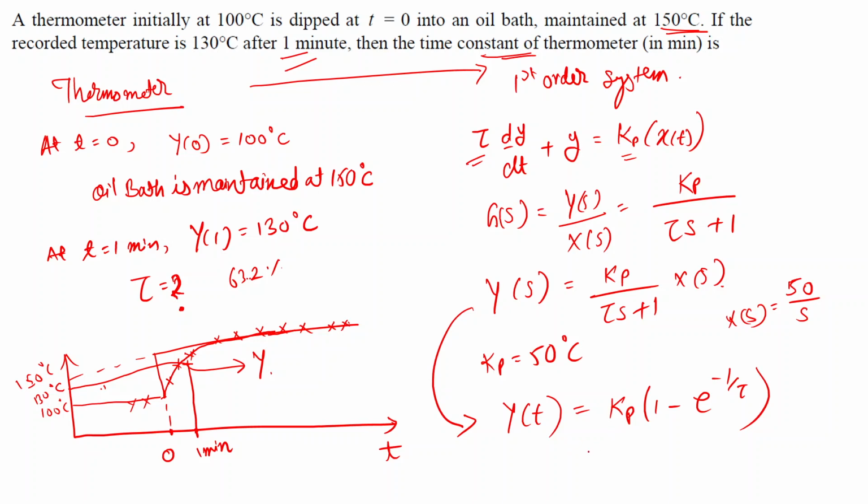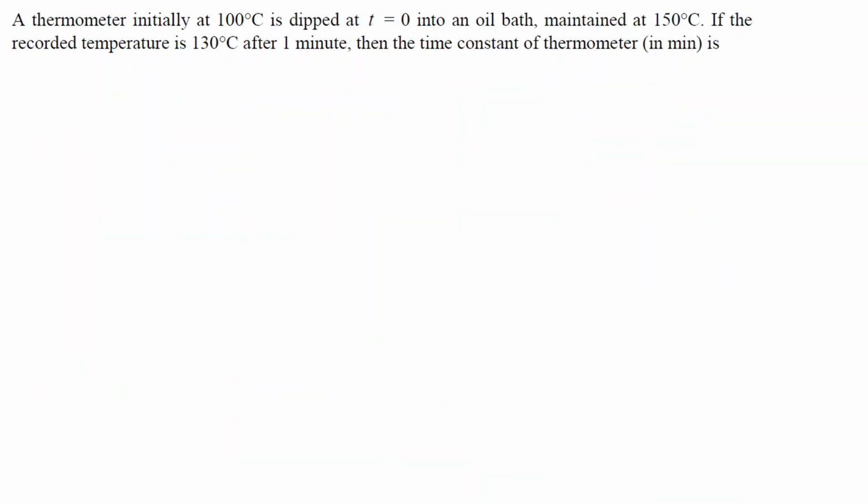So you can also write this as A into 1 minus e raised to minus t upon tau, where A is this difference. Okay, so now let's use this equation. So y of t, that is the temperature at any time, is given as A into 1 minus e raised to minus t upon tau.